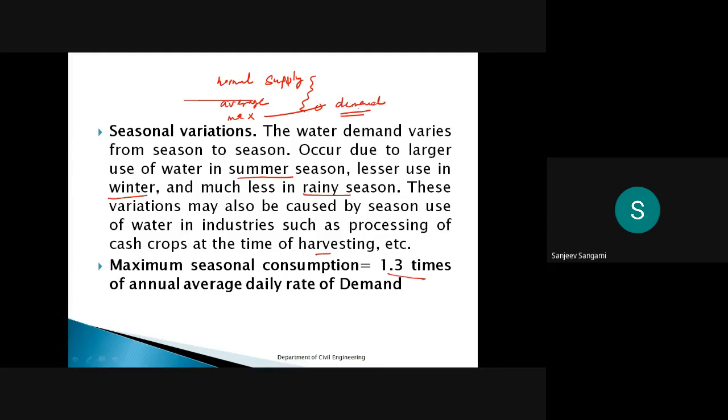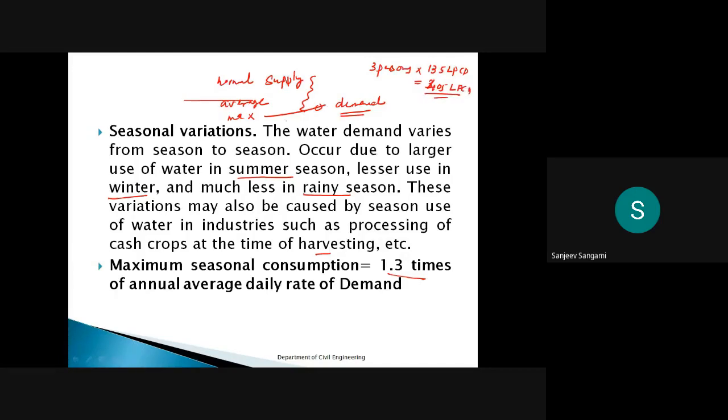Maximum demand means, normally, assume that you have 3 persons in your house. Suppose you are using 135 liters per day as per our previous discussions. So we get 405 liters per capita per day for the three persons.